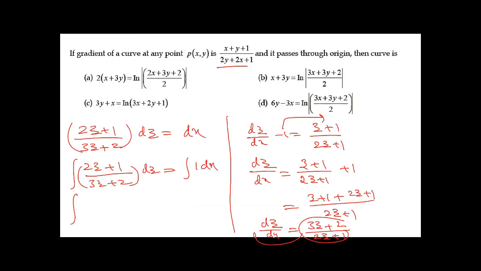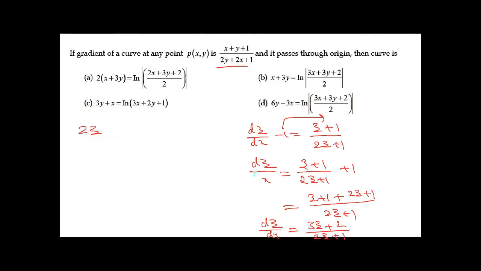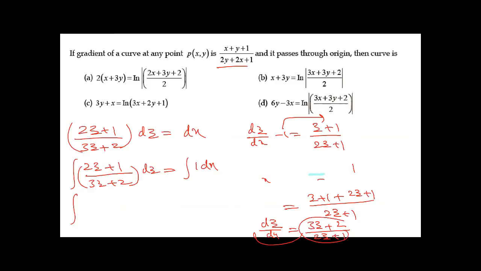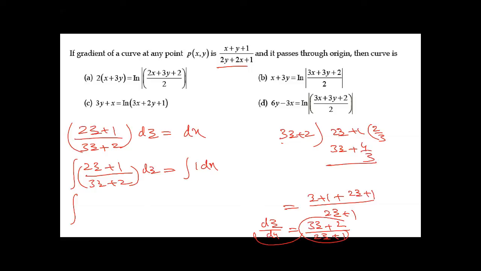How to integrate the LHS? We can do a little adjustment. Otherwise, I will do the normal method only. You can divide them because the degrees are same. So here 3z, you want 2z required, so you have to multiply it by 2 by 3. So this will come as 3z plus 4 by 3.